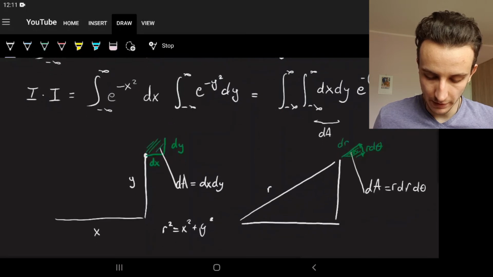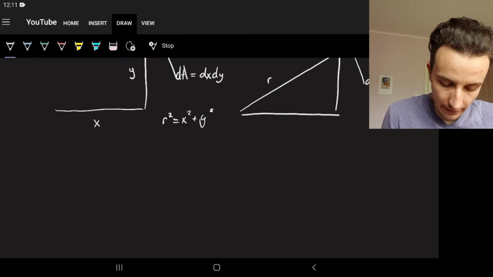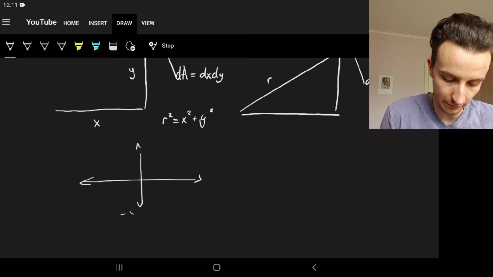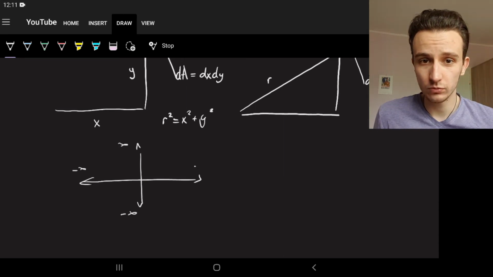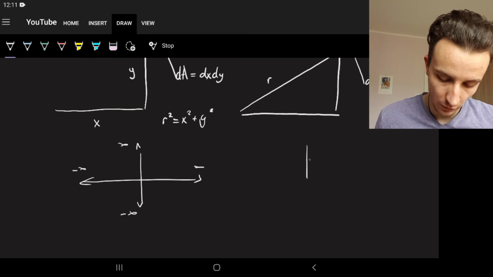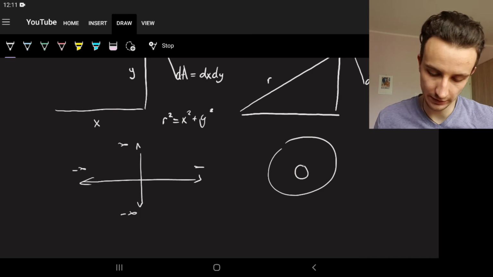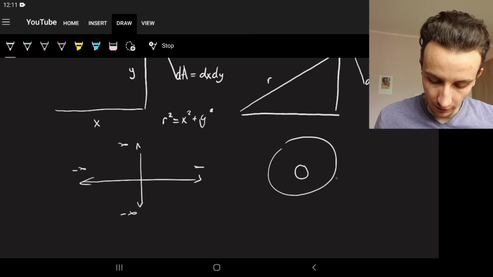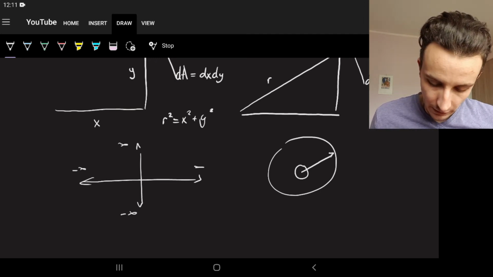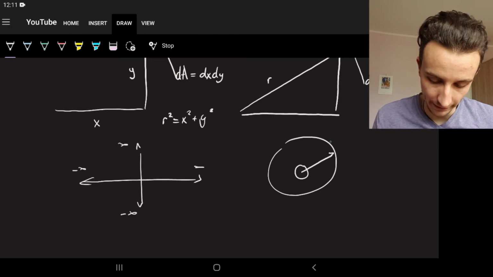What we're missing are the bounds, right? So x and y are going from minus infinity to infinity, both of them. Now r is limited to positive values, right? So what we have in the polar coordinates are just a bunch of concentric circles as a grid, right? And our r rotates together with theta. So actually we just want to cover the whole polar plane.